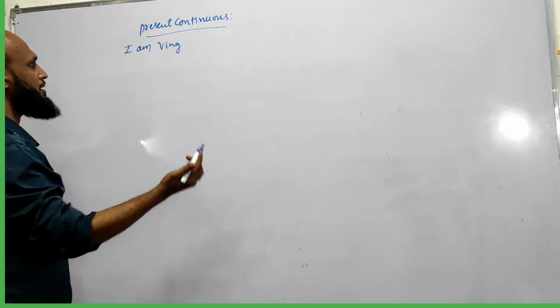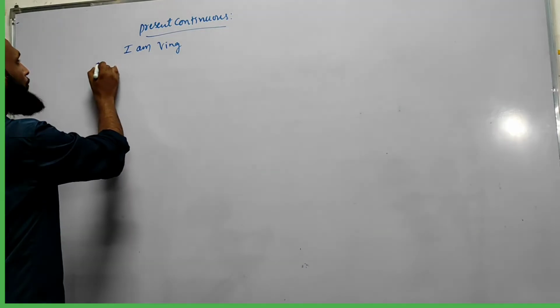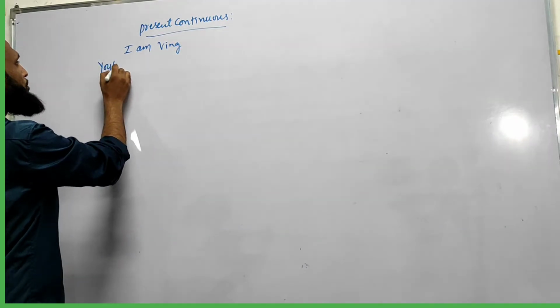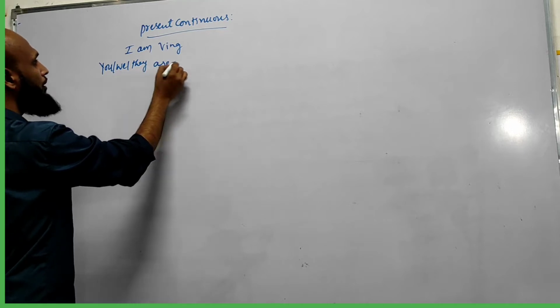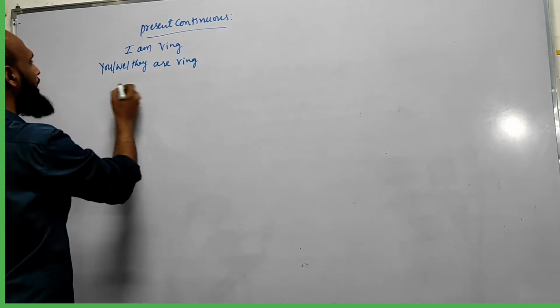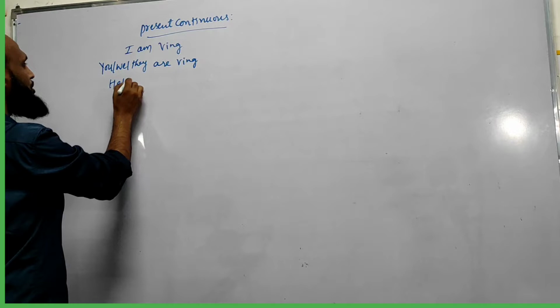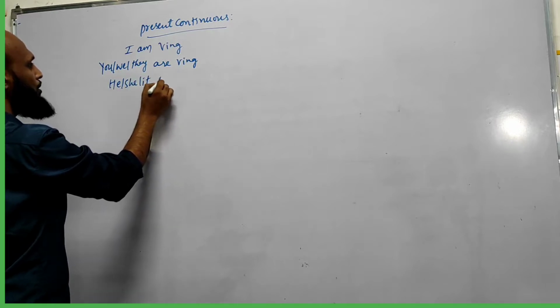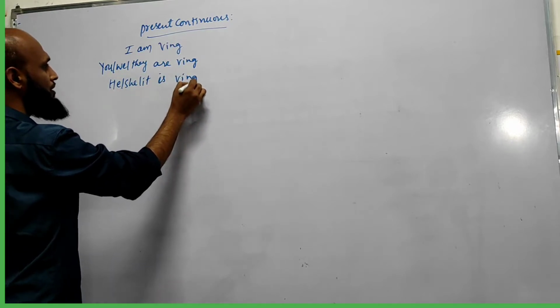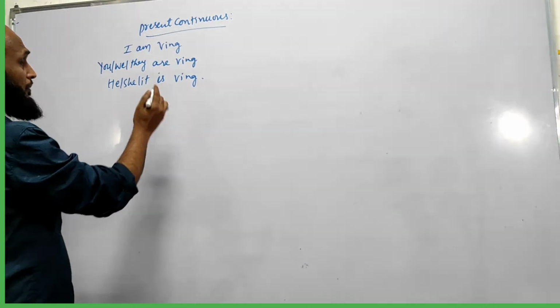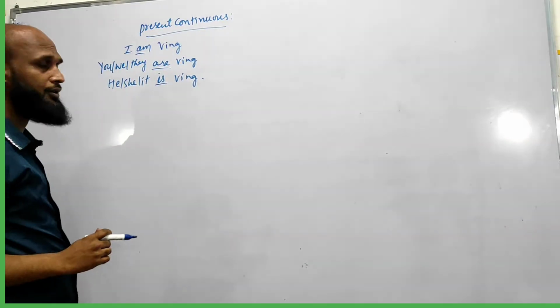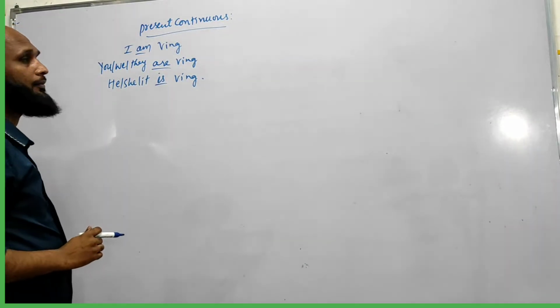That makes it continuous. Now, for the other pronouns like you, we, and they, we use are, verb with ing, and for he, she, it, we use is, verb with ing. Alright? So, we need to keep in our mind these helping verbs play a very important role here in this tense.